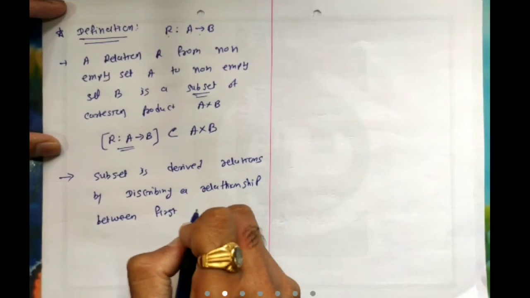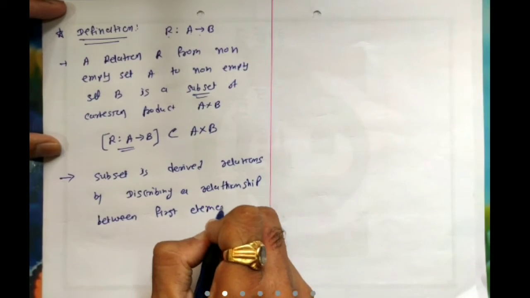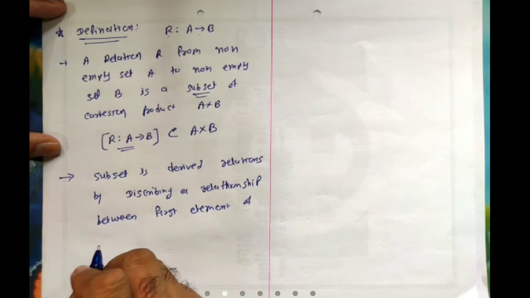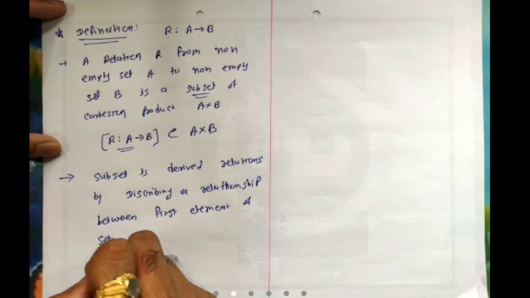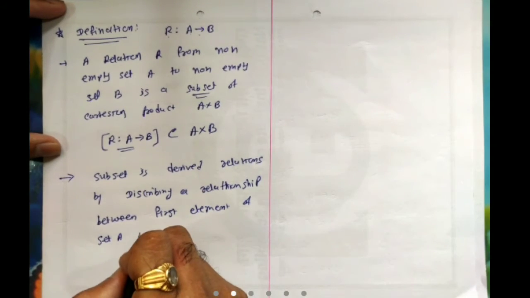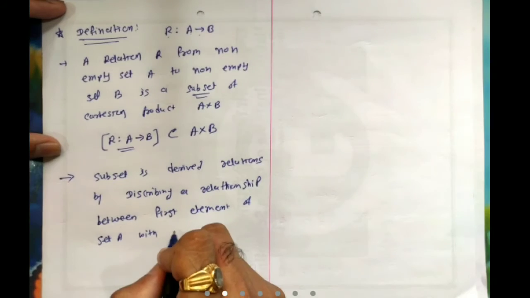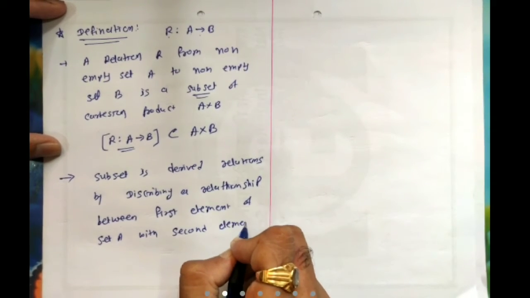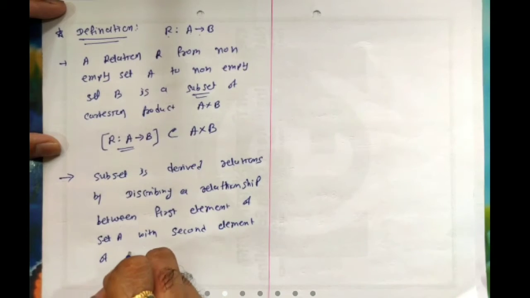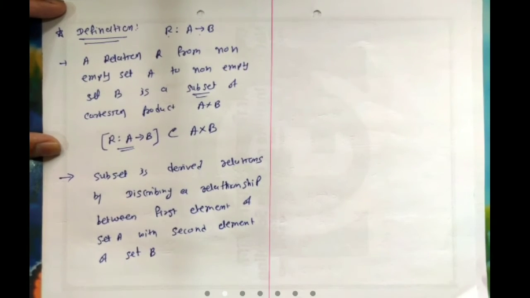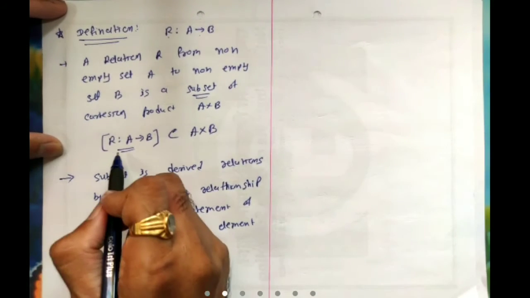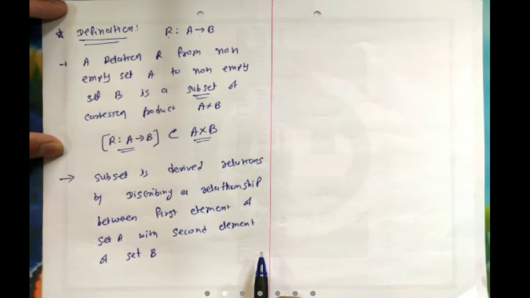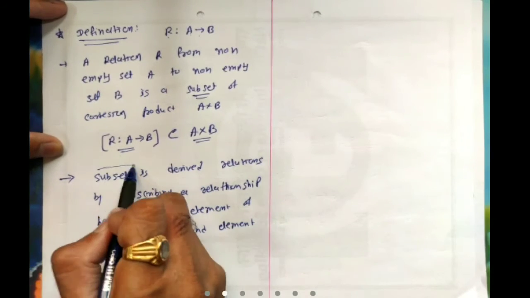the first element of set A with the second element of set B. Relation R is a subset of the Cartesian cross product A cross B. So we have to derive the subsets.